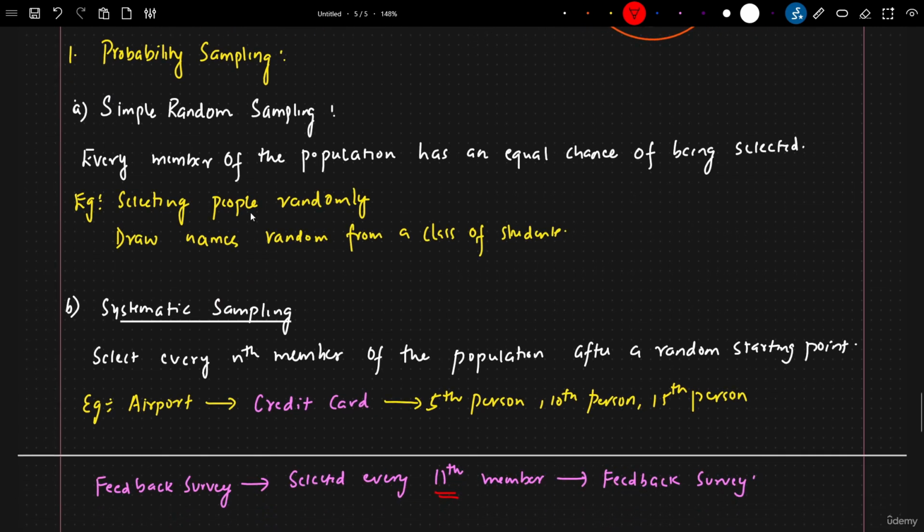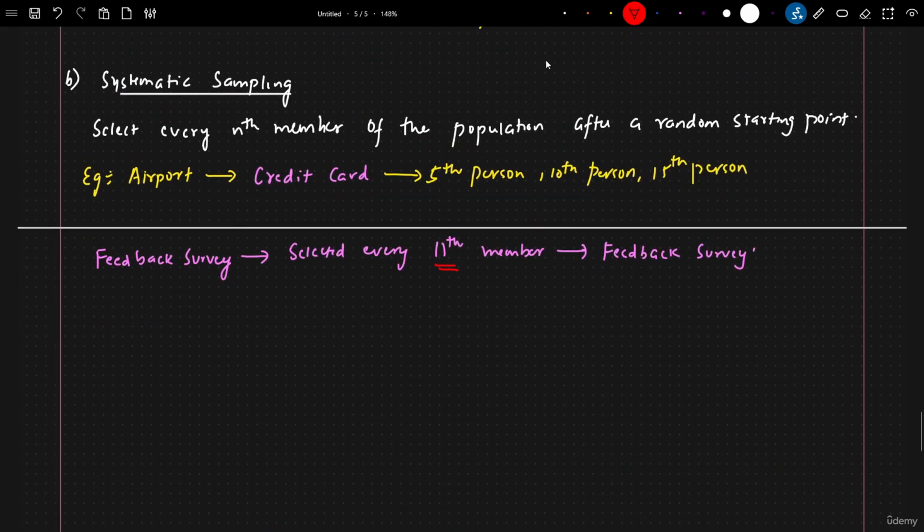The third type of technique in probability sampling that we can discuss is something called stratified sampling. Now, what exactly is this stratified sampling? We'll discuss. Okay.